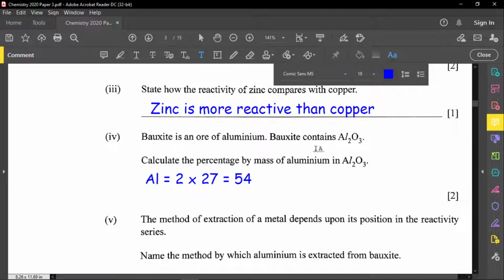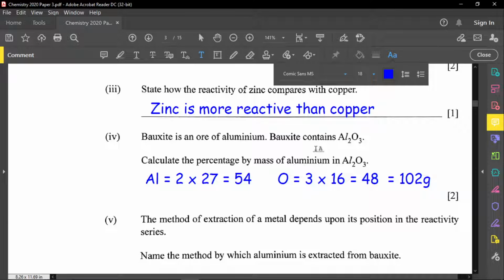Then we're going to do the same with oxygen. There are 3 atoms of oxygen, and we're going to multiply that by 16, so here you'll get 48. The total mass of both together will be 102 grams. So that is the molar mass for aluminum oxide.